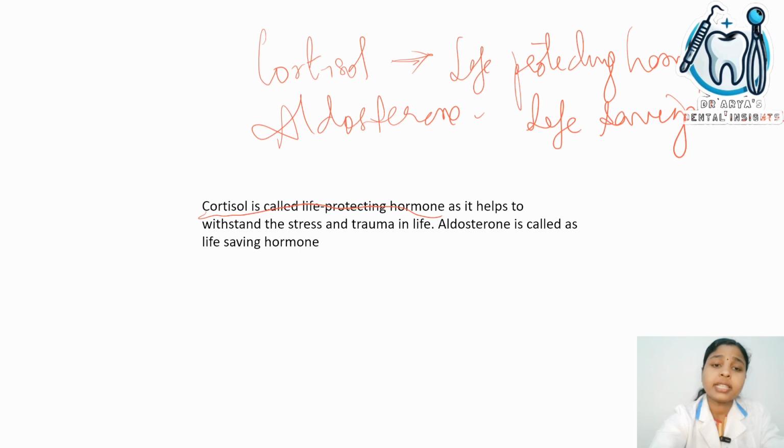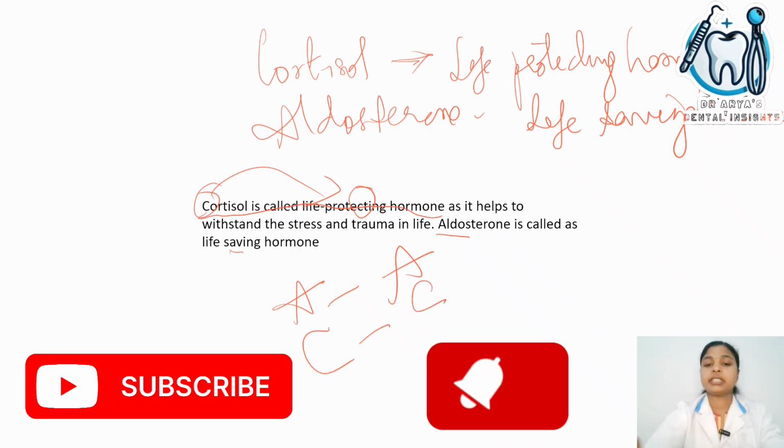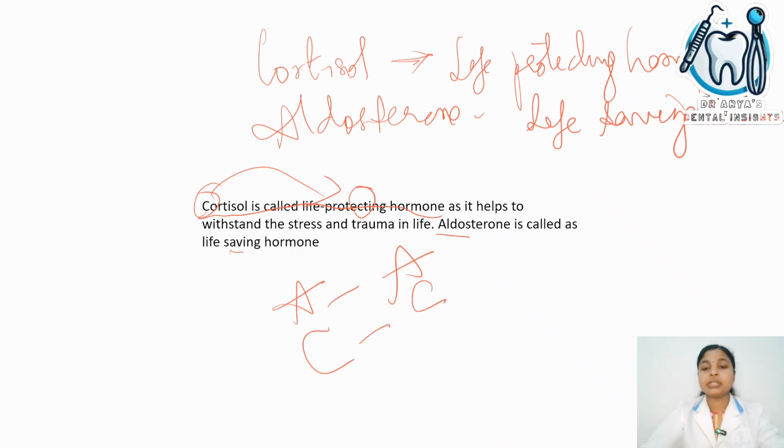There is a mnemonic: C for C. Cortisol is life protecting hormone and A for A, that is aldosterone for life saving hormone, and cortisol for life protecting hormone. Okay, so this is the mnemonic for remembering this question.